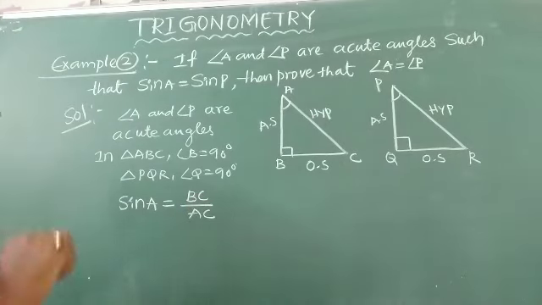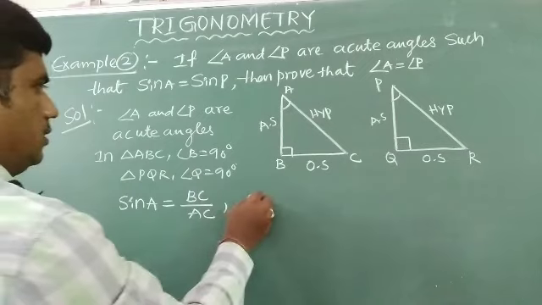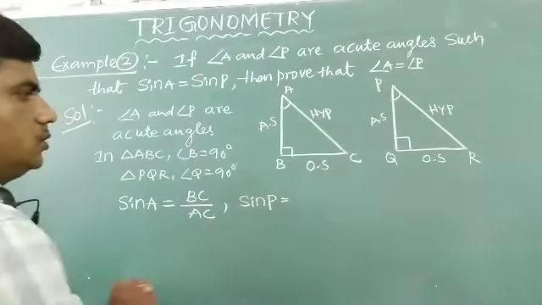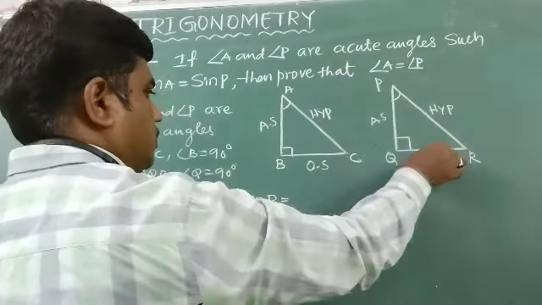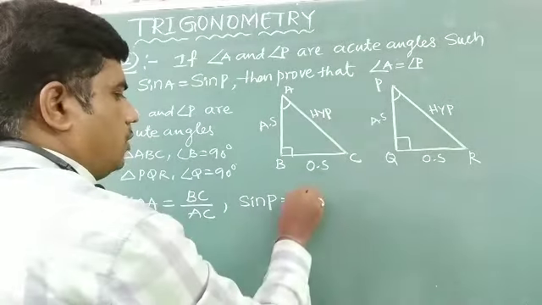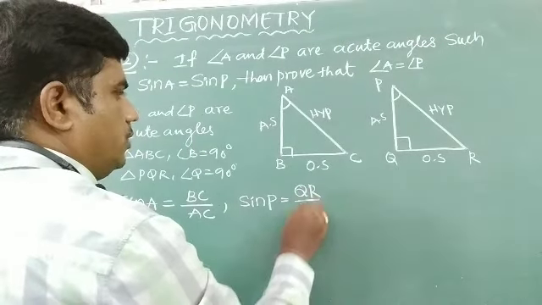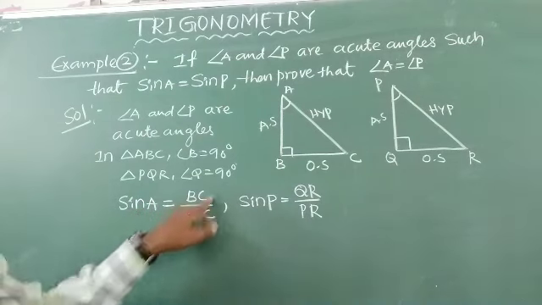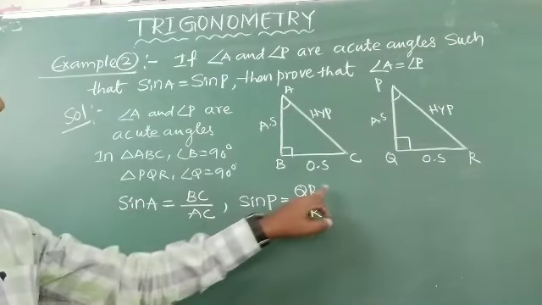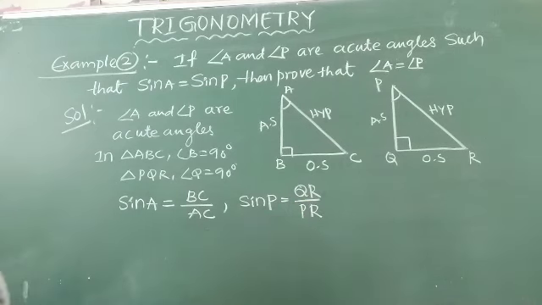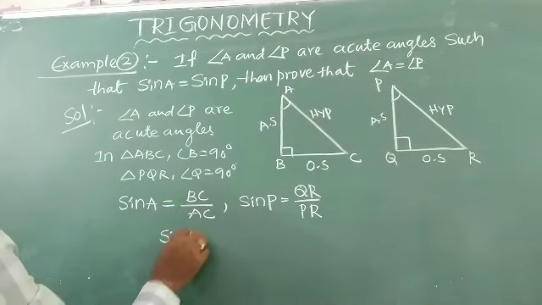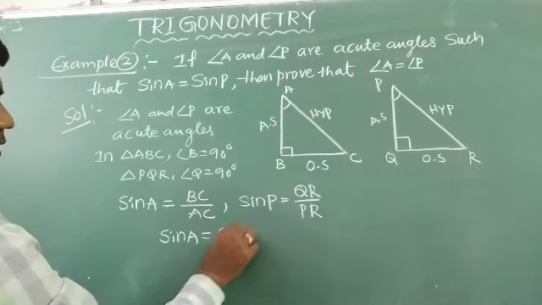So sin A is BC by AC. Next, in the same way, we write the sin P value. Sin P equals the ratio of the opposite side to the hypotenuse. The opposite side is QR, the hypotenuse is PR. So from the diagram, sin A is BC by AC and sin P is QR by PR. Now what is given?